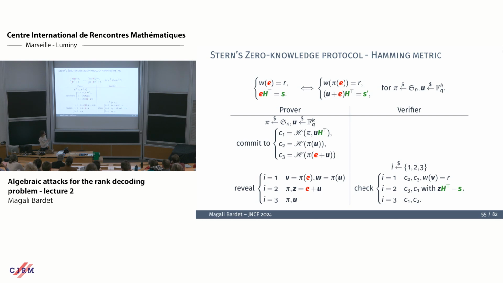And then the verifier takes a random I and asks you to reveal all but one.